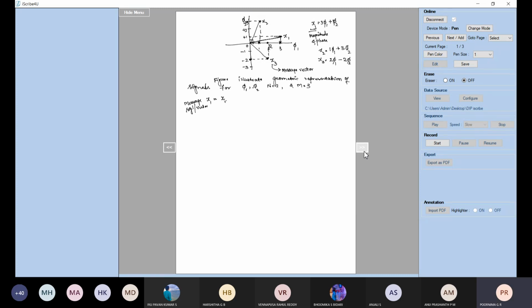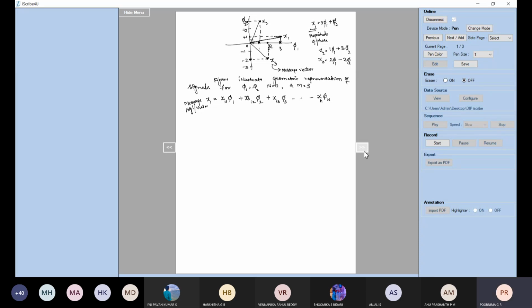Signal coordinate x11 multiplied with phi1 plus x12 phi2 plus x13 phi3 and so on up to phi n with x1n.